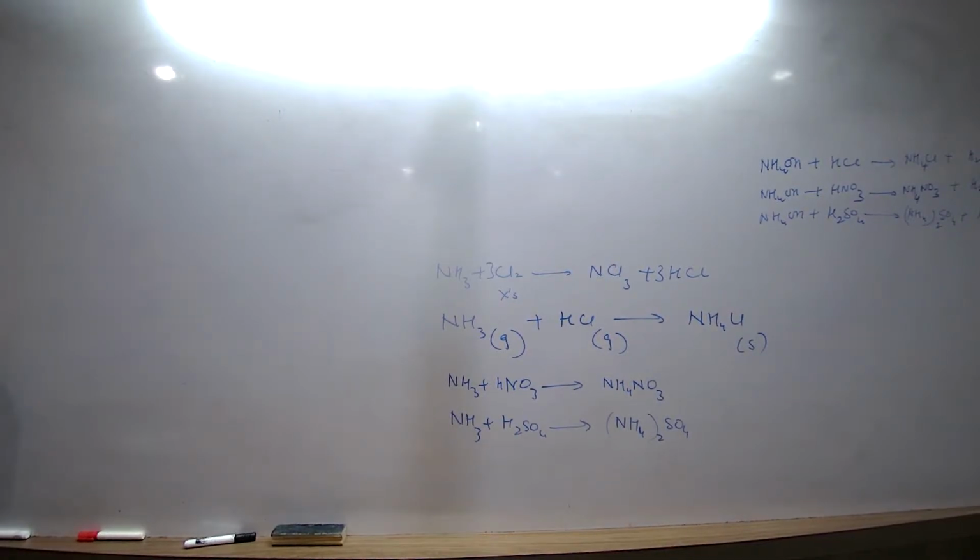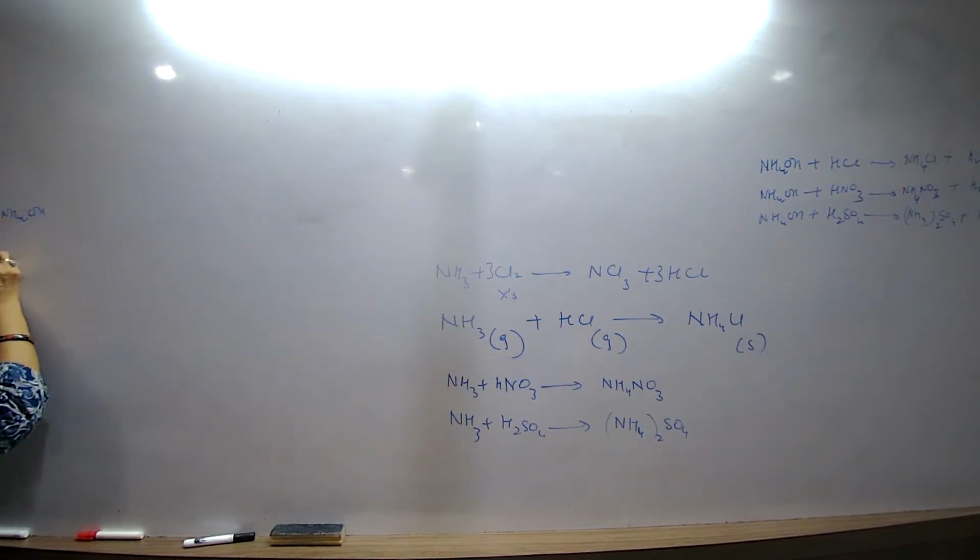We have ferrous sulfate, not ferric, ferrous sulfate, ferric chloride, zinc nitrate, lead nitrate, Pb(NO3)2, plus copper sulfate, very important. 1, 2, 3, 4, 5. Those are salts of heavy metals when they are made to react with ammonium hydroxide.